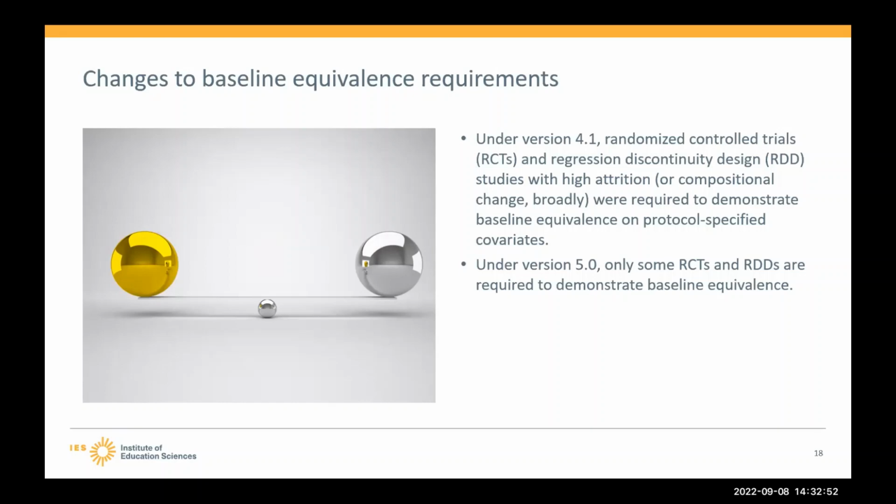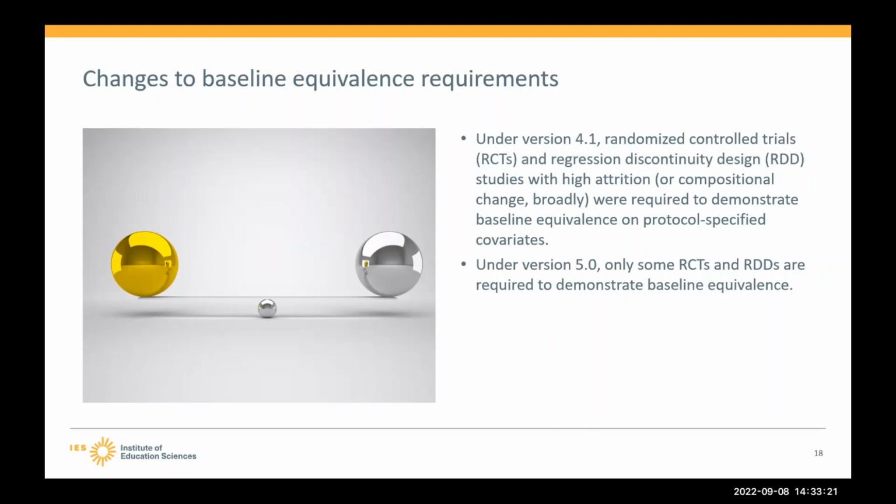But now, under version 5.0 of the standards, randomized controlled trials and regression discontinuity designs that have a risk of bias due to compositional change do not need to demonstrate baseline equivalence when risk of bias due to compositional change is assessed using the optimistic attrition boundary. However, these designs must still adjust for baseline group differences on required covariates as specified in the handbook.